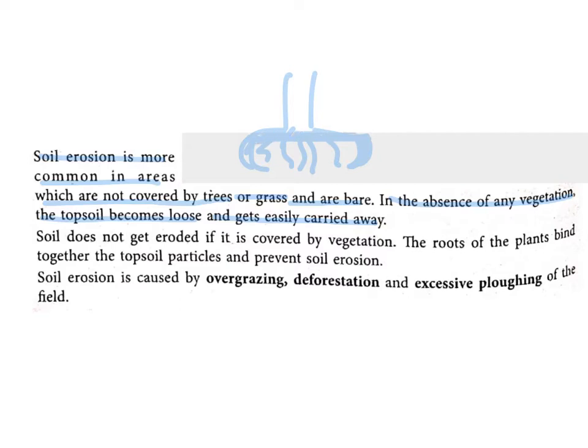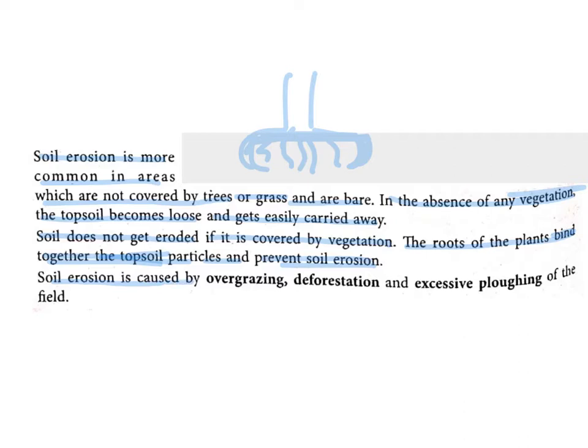So the vegetation prevents soil erosion. Soil does not get eroded if it is covered with vegetation. The roots of the plants bind together the topsoil particles and prevent soil erosion. See, children, it binds the topsoil and hence prevents soil erosion.